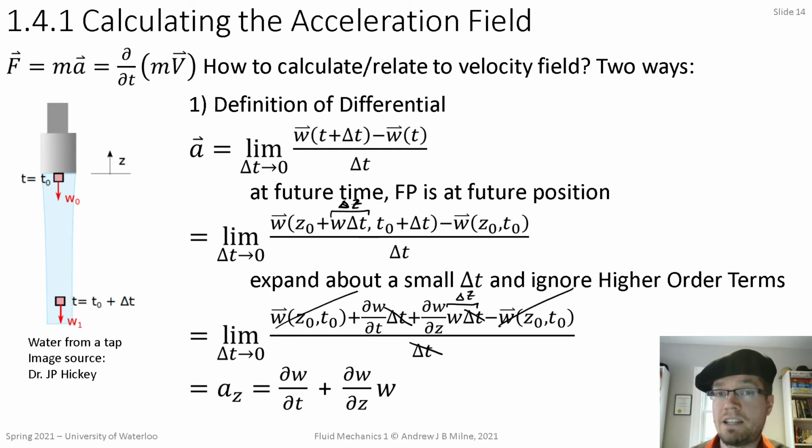So that's your basic definition of any differential. When a function depends upon more than one variable, if you're expanding about a small delta, you need to consider motion in each one of those dimensions. In this case, one dimension is space, one dimension is time. Acceleration as a field can change with position, space, or with time, t.